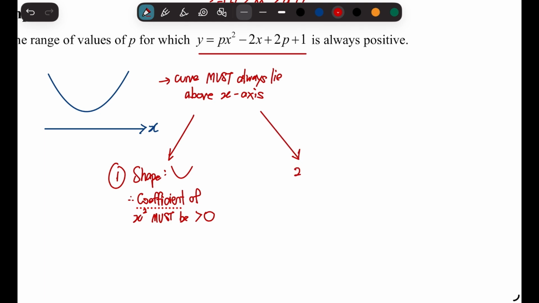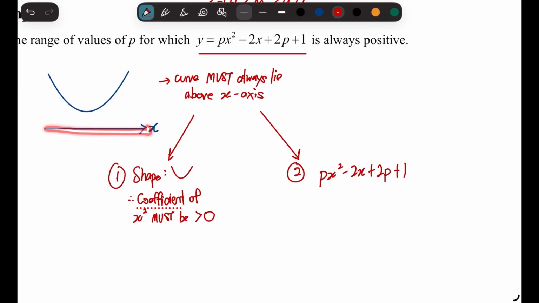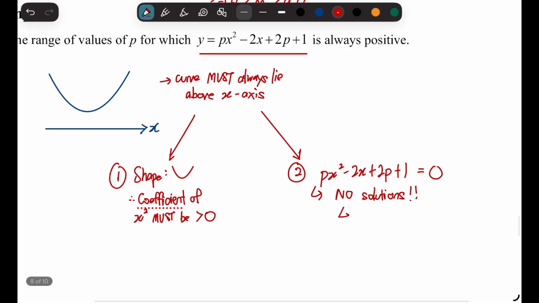If I were to equate px squared minus 2x plus 2p plus 1 to the equation of this horizontal line, which is my x-axis, equals 0, and I try to solve, there must be no intersections, there must be no solutions. And for there to be no solutions, because the curve does not touch the x-axis, the discriminant of this resulting quadratic equation must be less than 0.